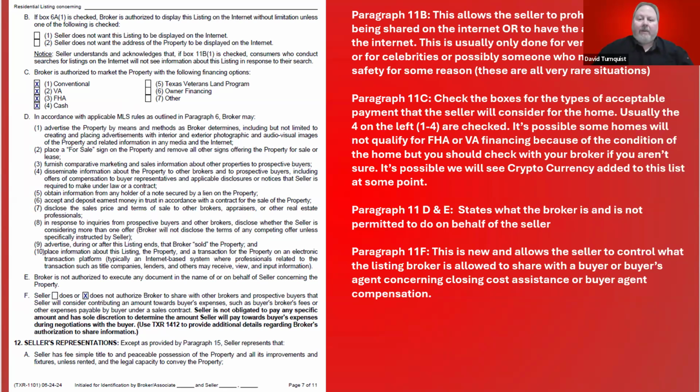All right, paragraph 11F. This one is new. It allows the seller to control what the listing broker is allowed to share. So let's say the seller has agreed to offer a 2.5% commission, but they don't really want to pay that.